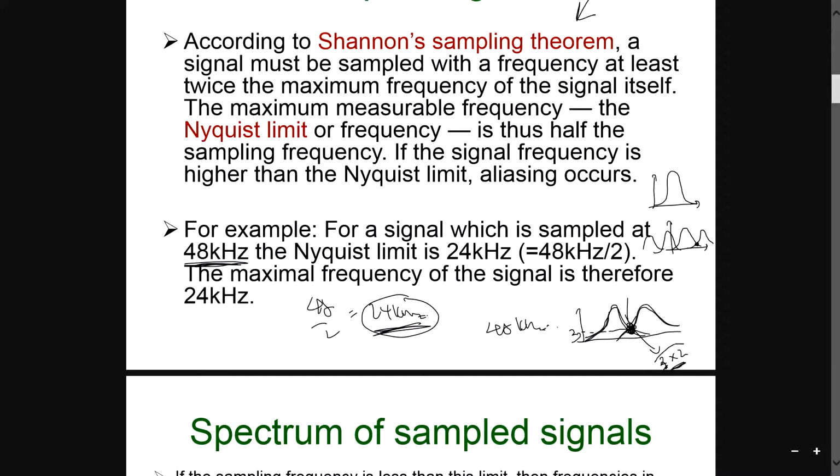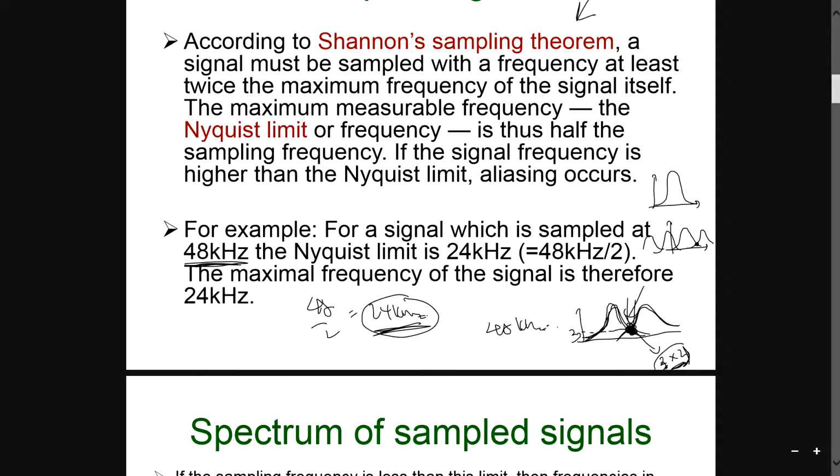So as you can see from here, you can surely know that the system has reached a higher frequency. You require a higher frequency to read a slower frequency. You get what I mean? You require a higher frequency in order to read your signal because of this aliasing effect.